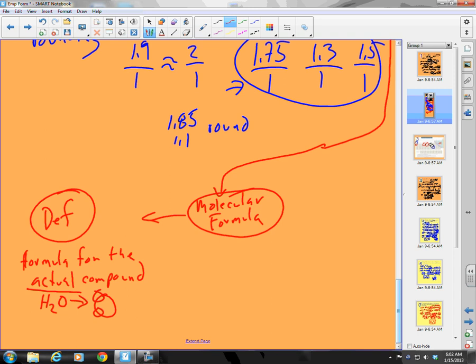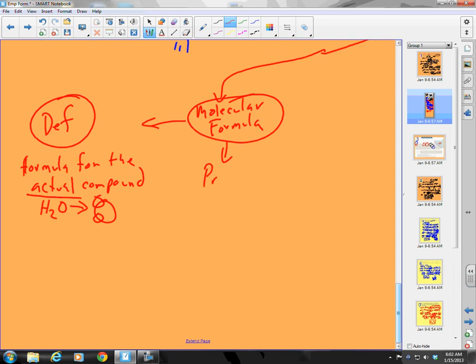Now, how do I calculate those? What's the process? This is pretty easy. Number 1, we have to determine an empirical formula. Sometimes we're lucky and they're given to us, and other times we have to calculate them, but we're good at that now.